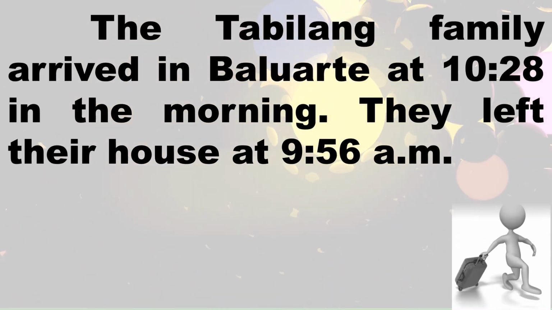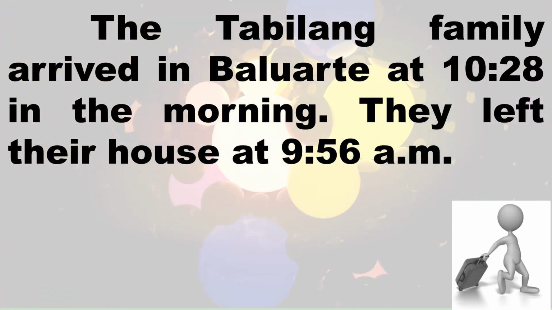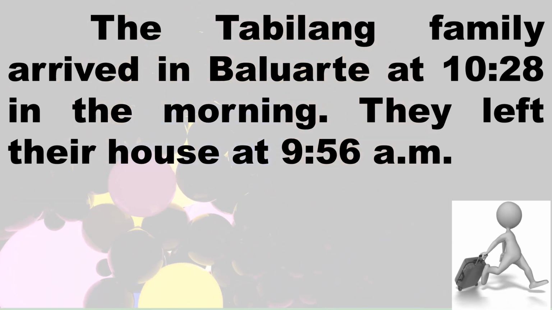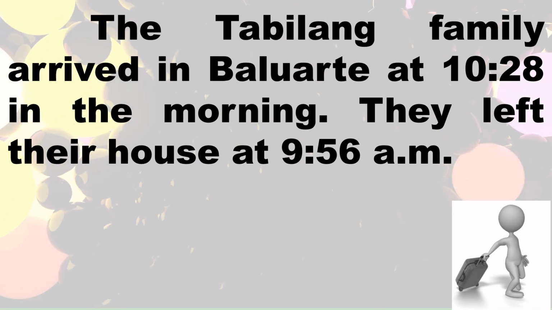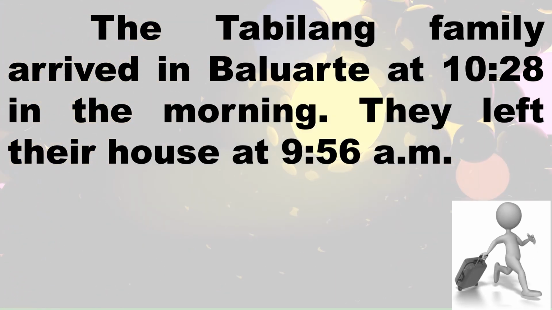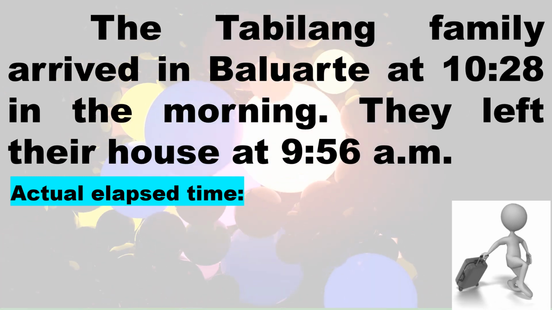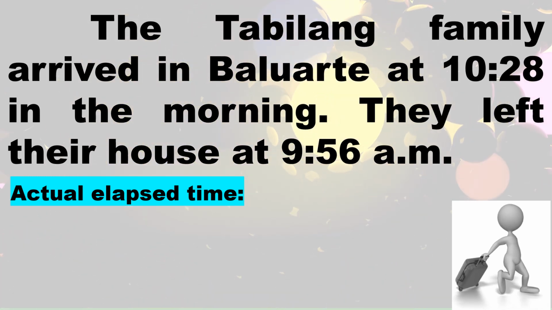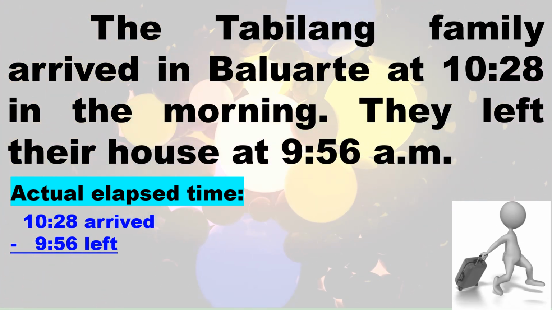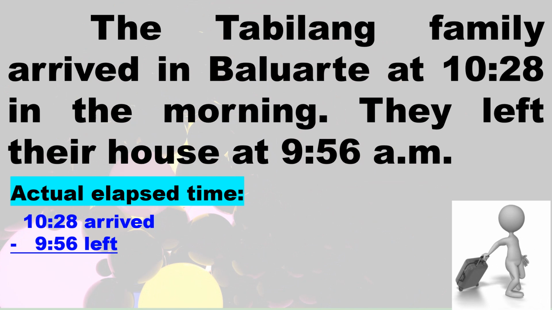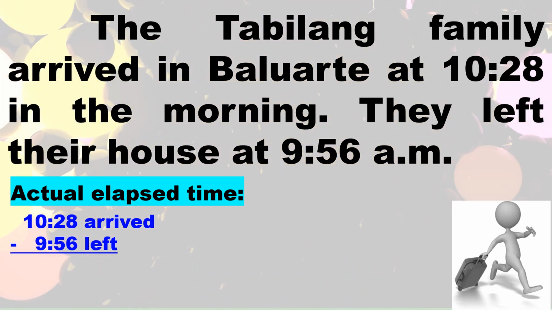Another example. The Tabilang family arrived in Baluarte at 10:28 in the morning. They left their house at 9:56 a.m. So we're going to find the actual elapsed time and the estimated elapsed time. For the actual elapsed time, the arrival is 10:28 and they left the house at 9:56.